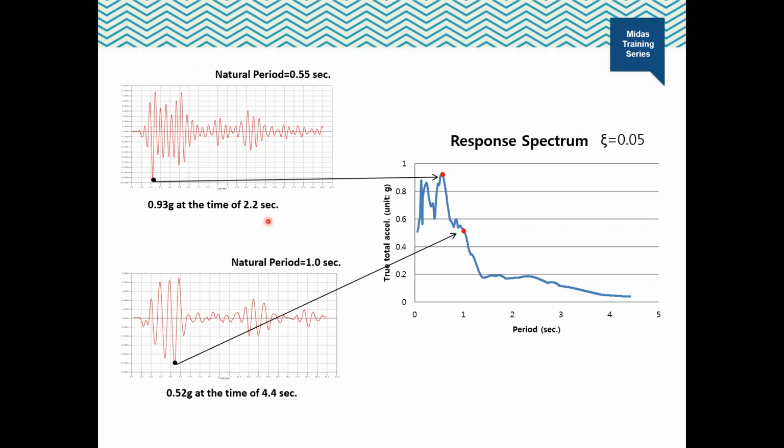For the system with a natural period of 1 second, the peak acceleration is 0.52 g, at the time of 4.4 seconds. We can draw the graph using the peak accelerations and natural periods of all SDOF systems. This is how we can generate response spectrum.